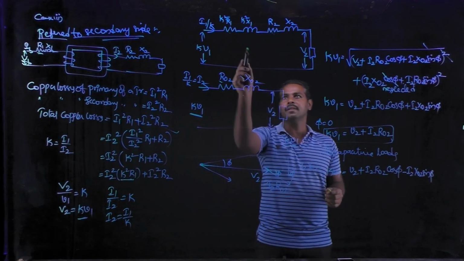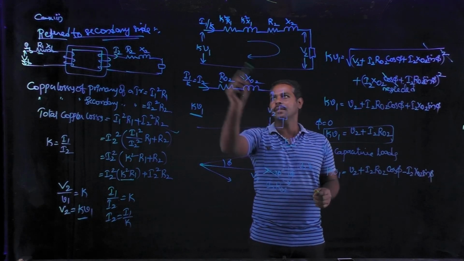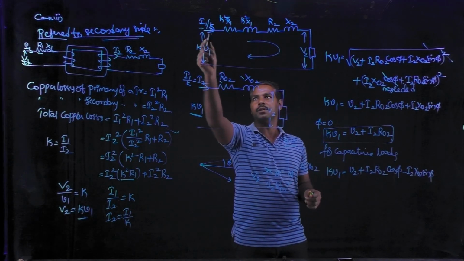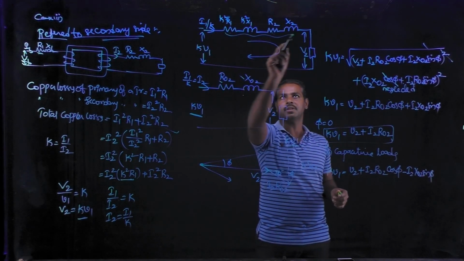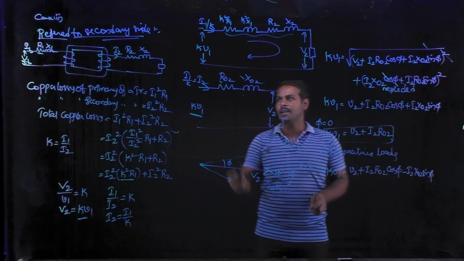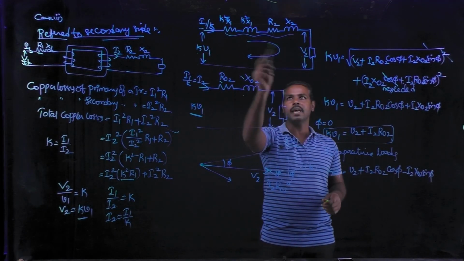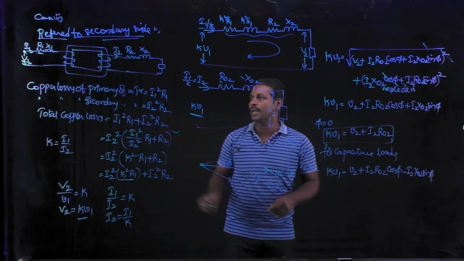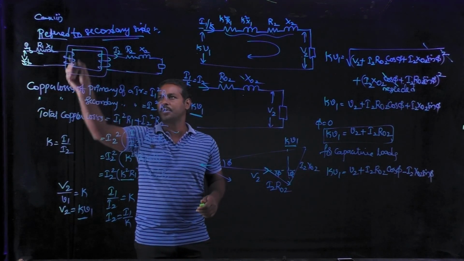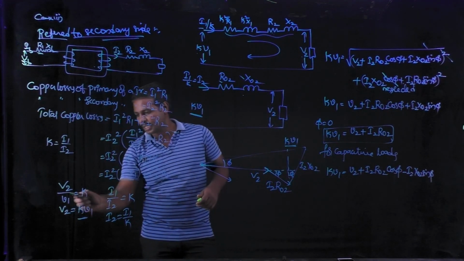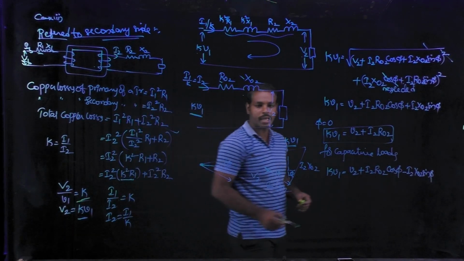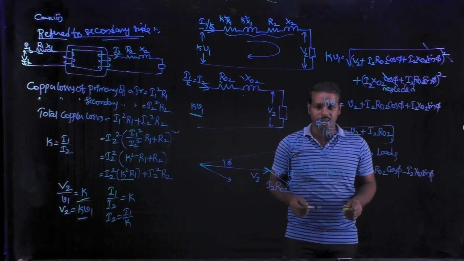The current flowing through the given circuit is equal to I1 by K, so we can easily find out the voltage drop across each element, the corresponding voltage and load voltage. Currents are also calculated. We are neglecting the magnetic core path with respect to the K value. With the influence of the K value, we can easily simplify it into the given circuit.